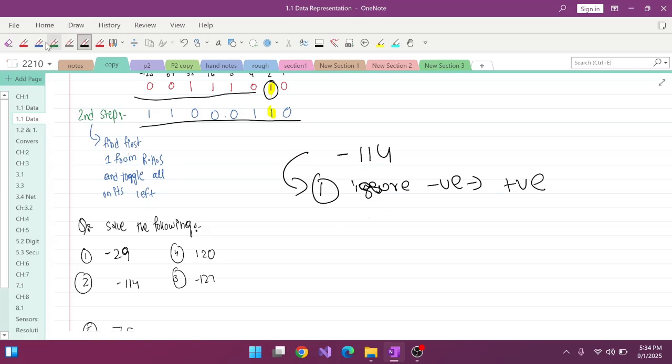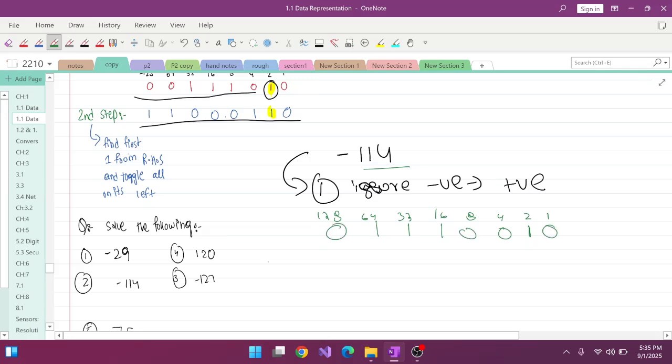So I will write here 1 2 4 8 16 32 64 and 128. Then I have to make 114, so 64 and 32 is equal to 96. Then I have to add 16, which is 112, then 13 and 14. So I just convert them, and this was my first step.